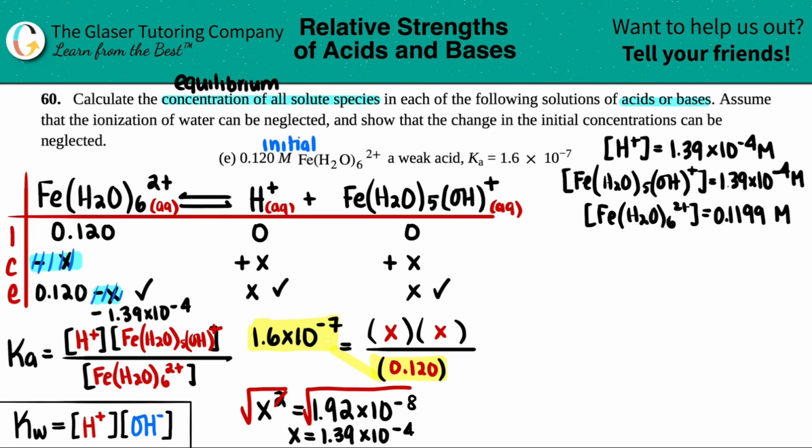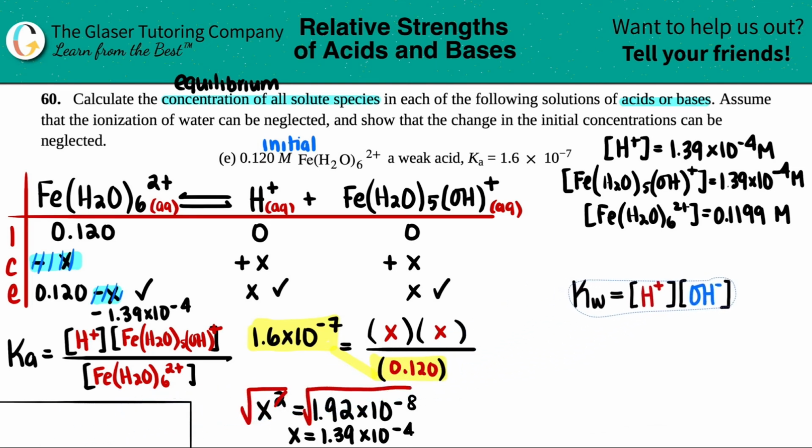But now here's the catch, guys. It says we need to find all solute species. And if you have an H+ concentration, you secretly have an OH- concentration. That's down here. If you have H+, you have to convert to OH-. So what I'm going to do is I'm just going to drag this out, because now we're going to use this formula.